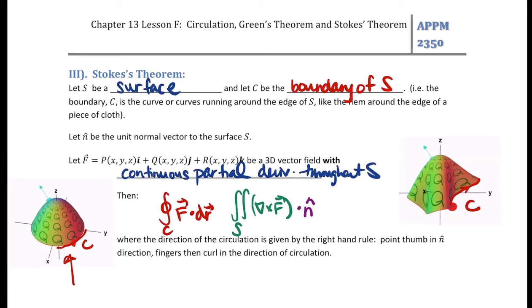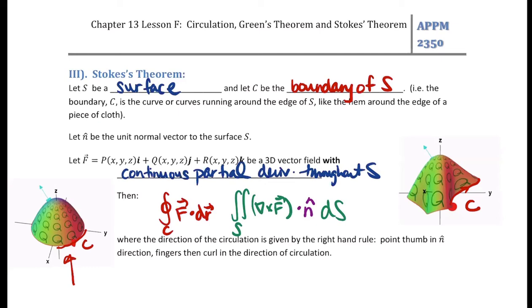And here, the direction of circulation, again, is going to be given by the right hand rule. So you point the thumb in the normal direction, and your fingers would then curl in the direction of circulation.